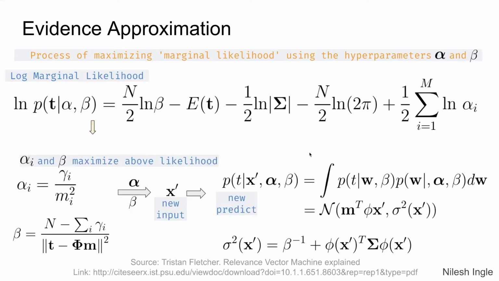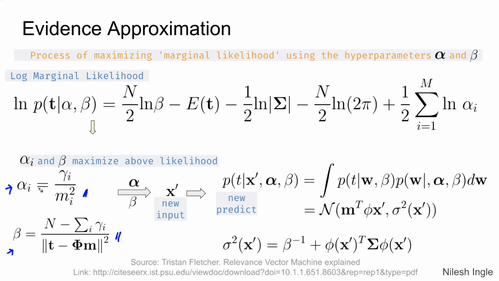Now in that equation, to calculate the alpha and beta, as we can see, the alpha is calculated by this part, which is gamma I divided by gamma I square, and then beta is calculated by this part that is shown here.